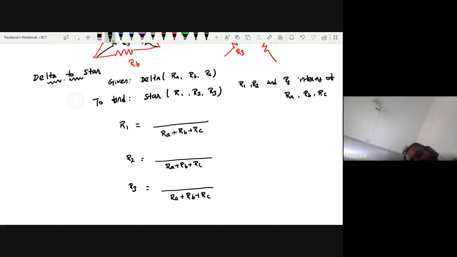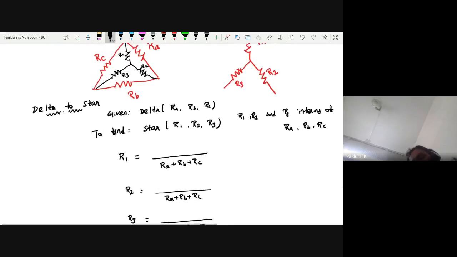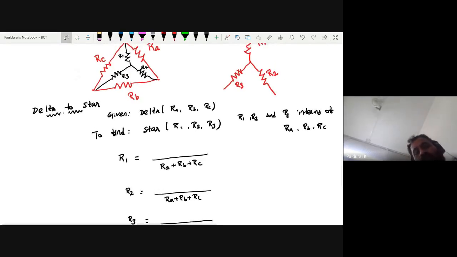Okay. What will come in the numerator? Just listen, it is very interesting. R1, right? Now listen to this diagram very carefully. R1-க்கு adjacent-ல யார் இருக்கா? இங்க யார் இருக்காங்க? RA. Adjacent-னா the RA and the RC, right? So simply multiply these two. That's it, RA RC. No, don't add, simply multiply. இப்போ R2-க்கு யார் வருவா?